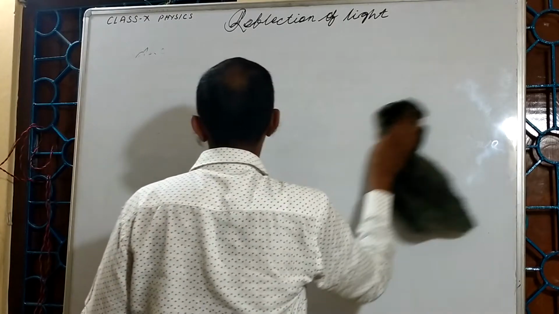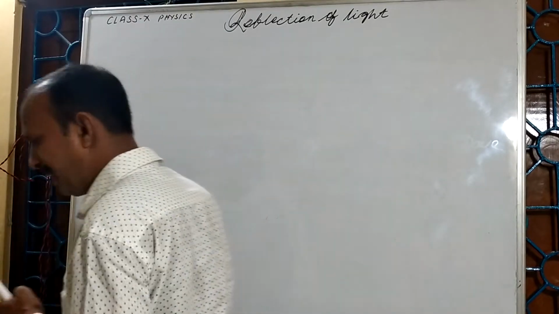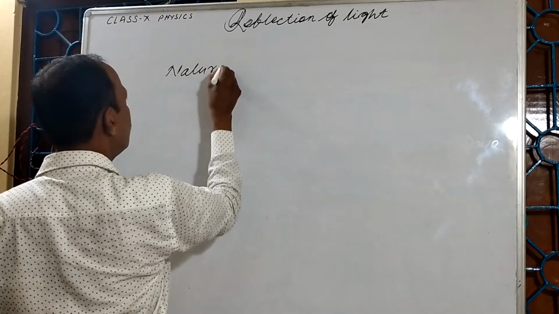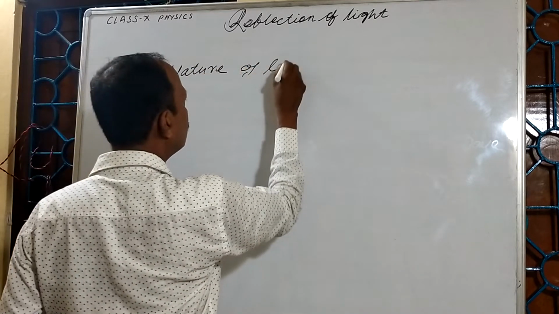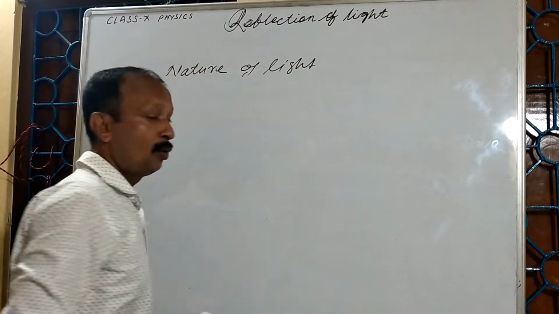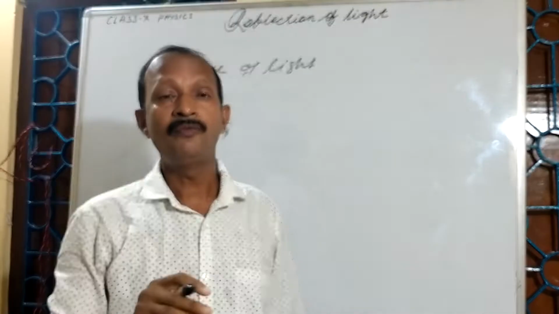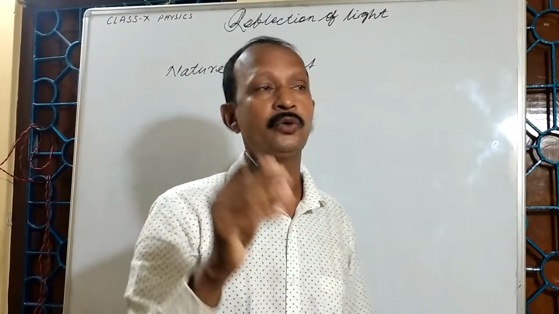In fact, light has dual nature. See here, the nature of light. What is the nature of light? Light travels in the form of electromagnetic wave.